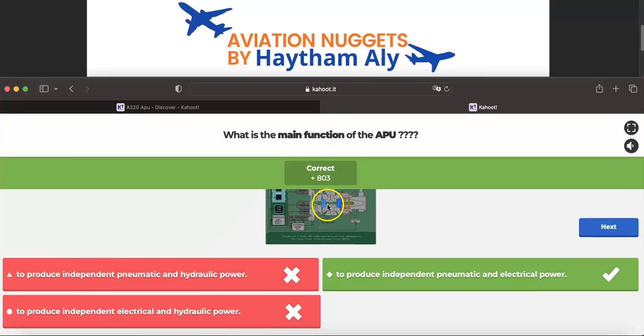So the mechanical shaft power is used to rotate a load compressor to supply the aircraft with bleed air, and an accessory gearbox that accommodates mainly the AC generator, which produces 90 kVA. So the APU will produce bleed source and electrical power, and allows the aircraft to be independent from the ground cart.